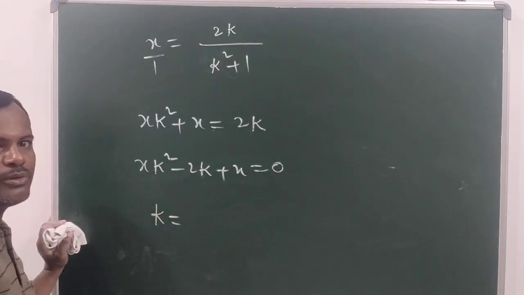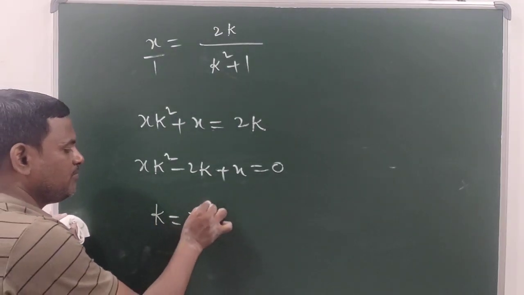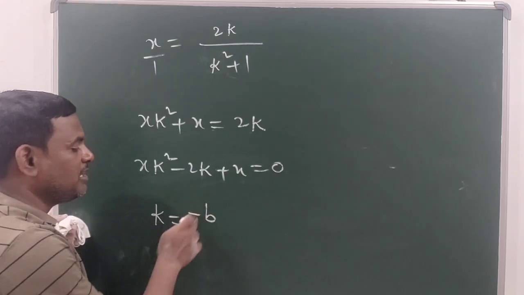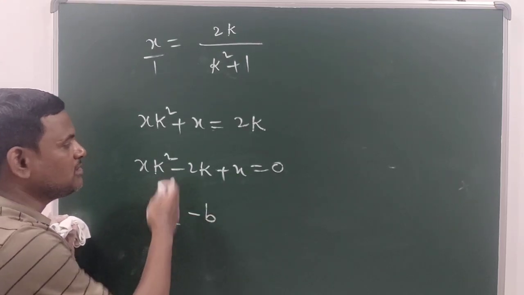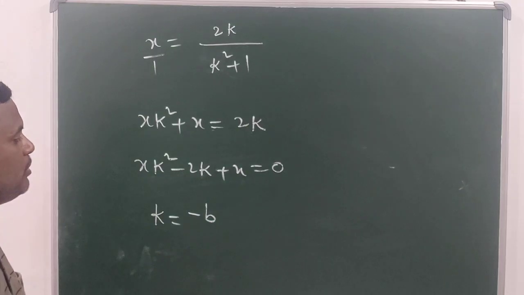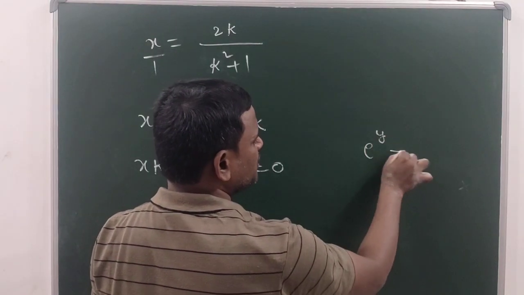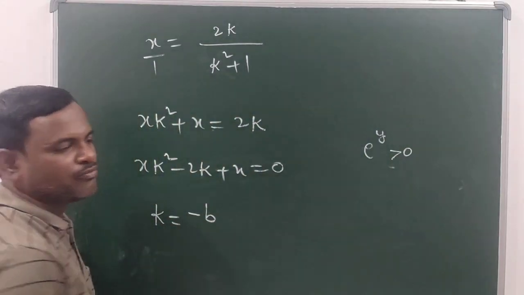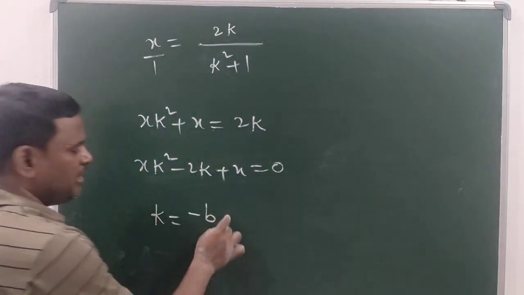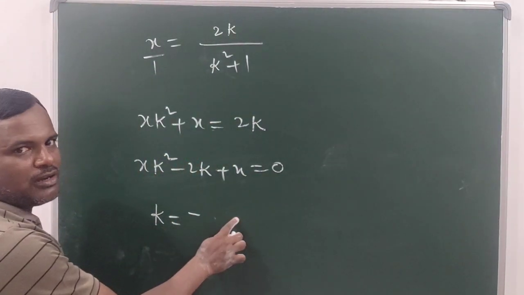Now k is equal to minus b plus or minus, but here take only plus, because you have observed whose e power y. k means e power y, no? So this is always a positive value. So here you prefer only the plus formula.